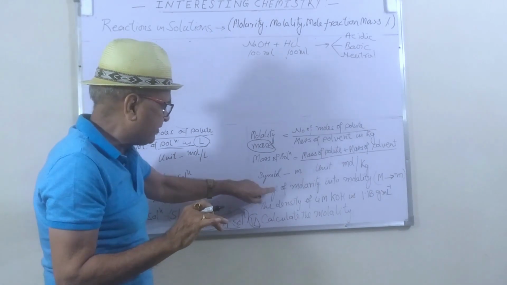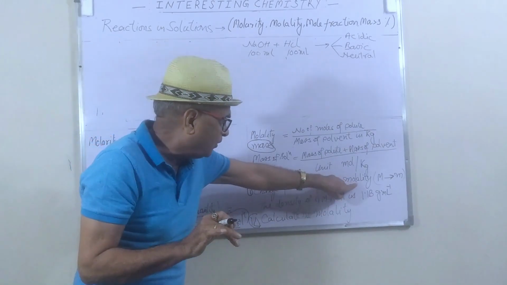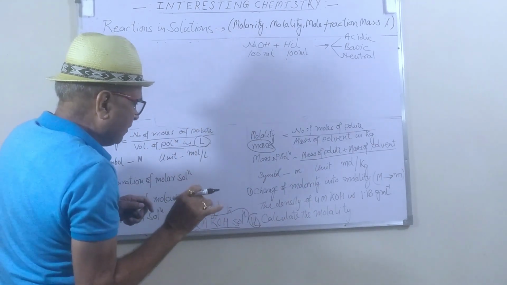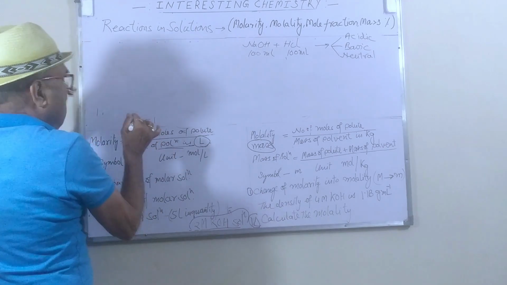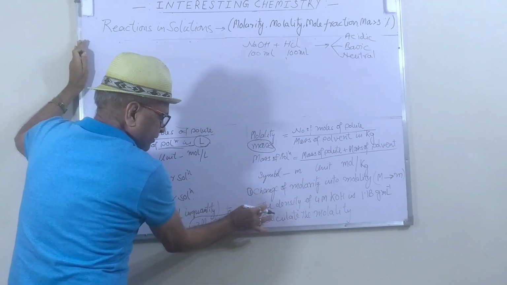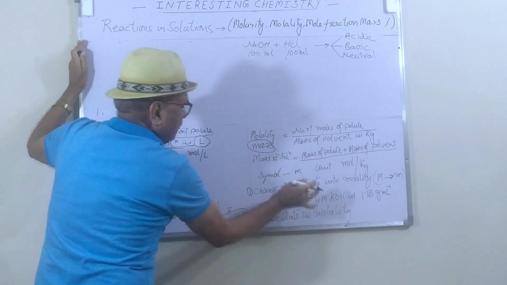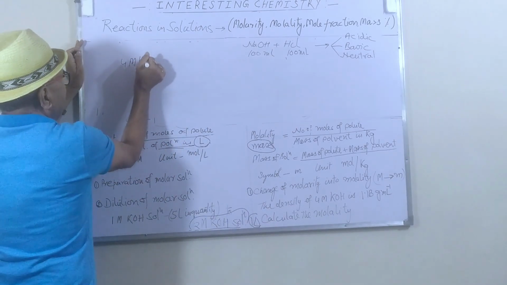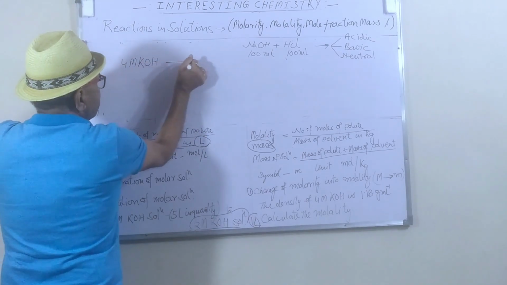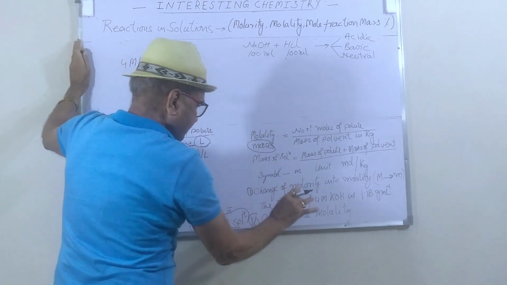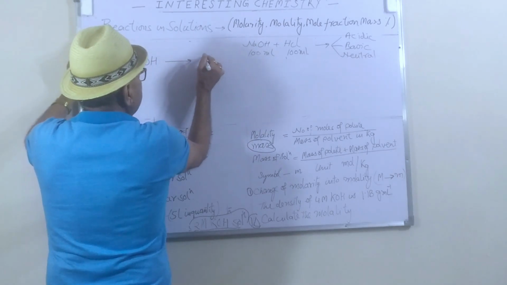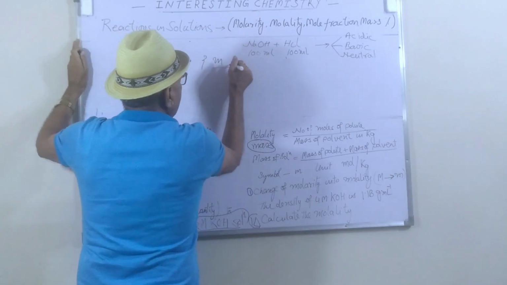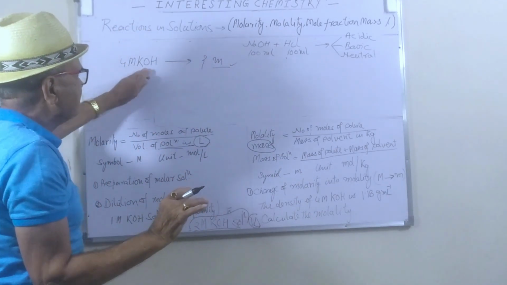So again, I am going to explain a very good question. How will you change molarity into molality? Calculate the molality of 4 M KOH.